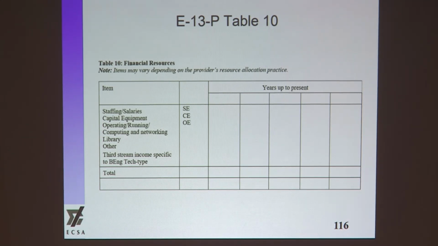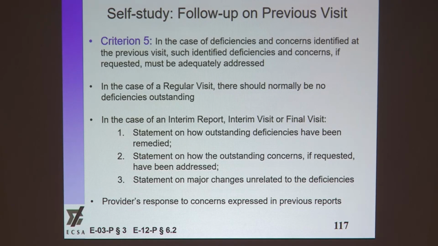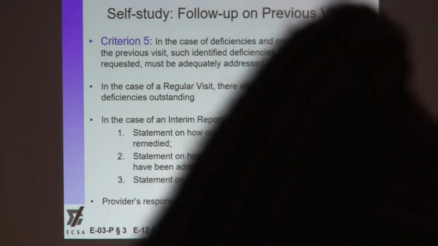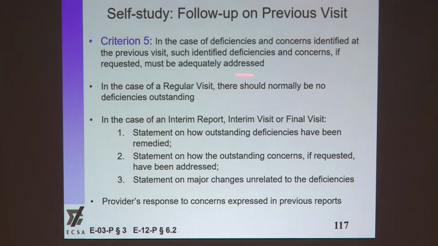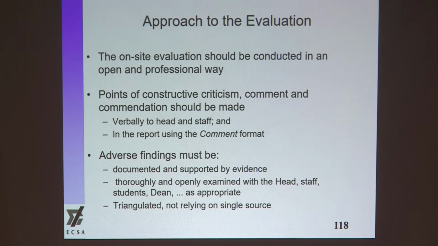What else have I got? This is criteria 5, as I mentioned, the follow-up on previous visits, where there have been deficiencies or concerns. The approach, this is again more provided assessor training: open and professional way.